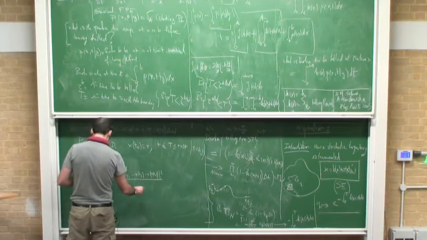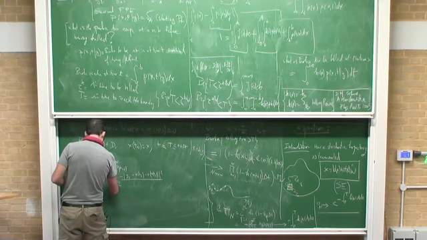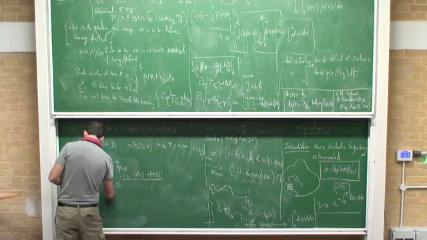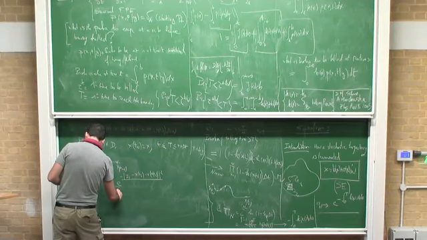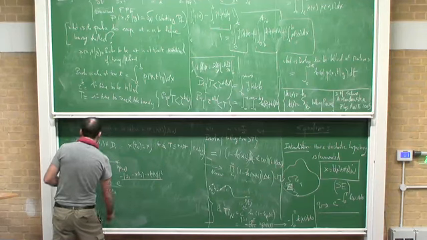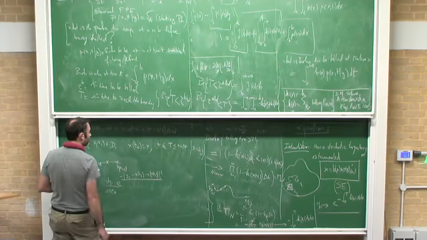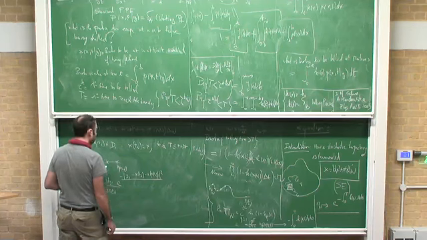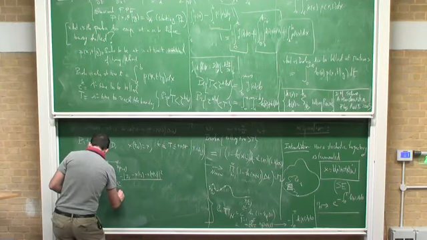So this is multiplied by dy, and then we have 2 pi delta t, and the determinant of sigma.